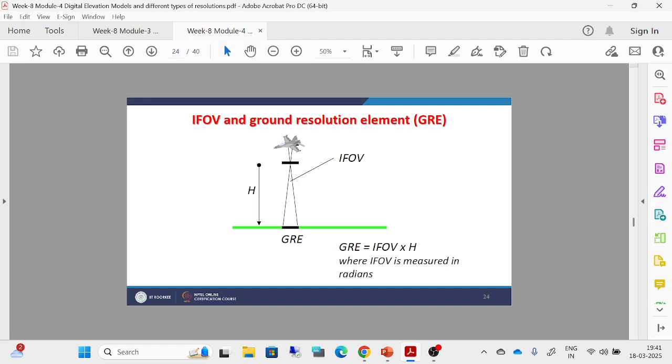So the ground resolution element is calculated from this IFOV, which is this angular part, times the height at which the image has been taken. That will give you the ground resolution element.